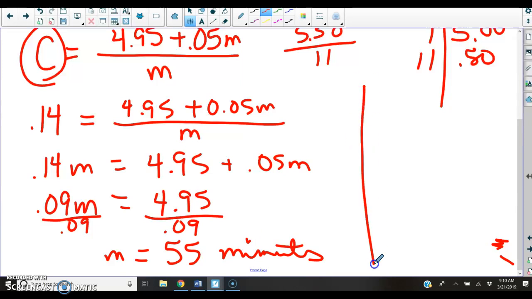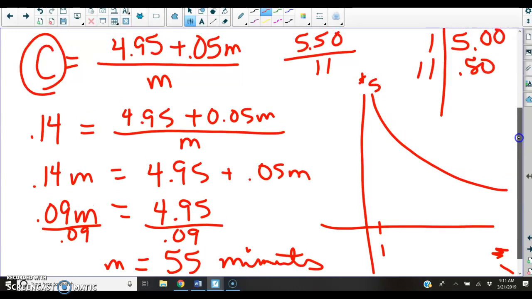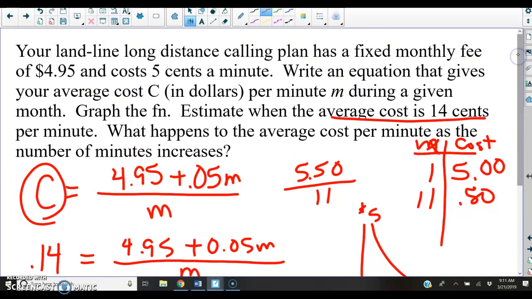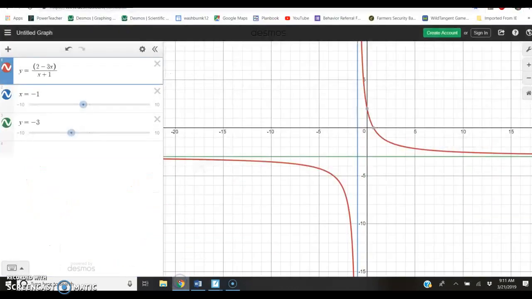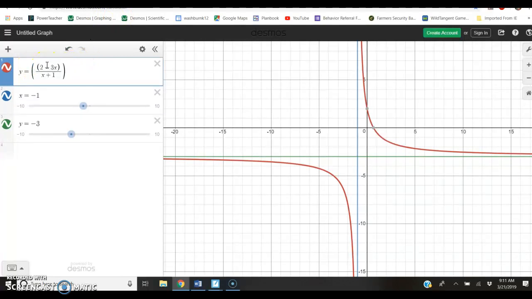Okay, so if we were to graph this, it's going to start at 1, and then this would be $5. And the more you use it, the cheaper it's going to get. And again, we could graph this on Desmos and take a look again. So this one would become, that was what?